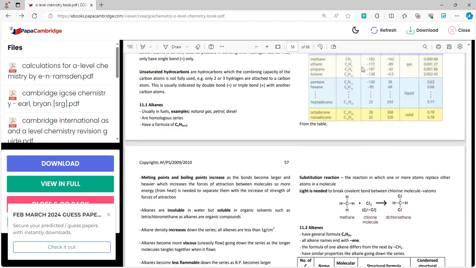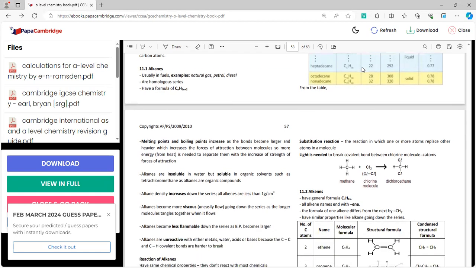Also, an important property is that alkanes are insoluble in water. However, they are soluble in other organic solvents such as ether. I've already talked about how their melting and boiling points increase. Now, related to this is another physical property: why do their melting and boiling points increase?